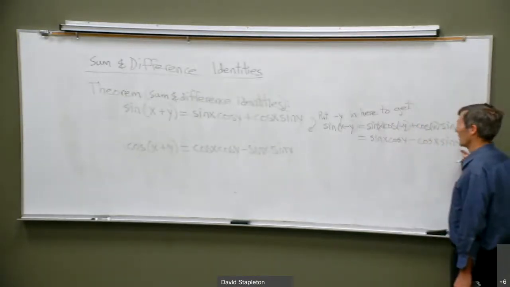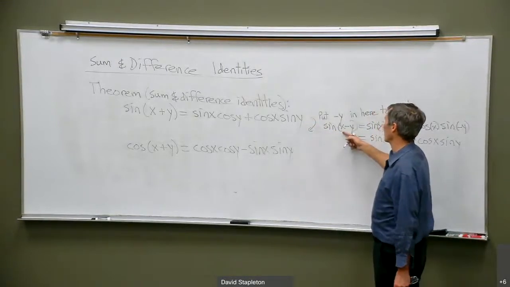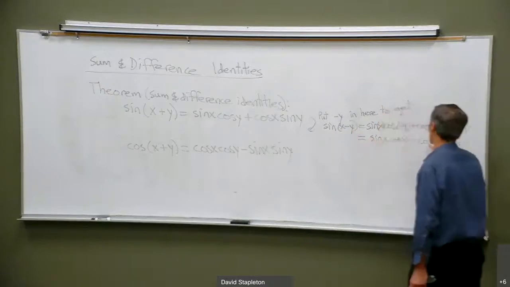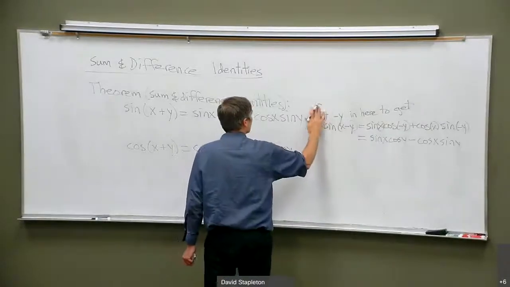There's a new identity. All you have to do is replace y with minus y in this one to get the sine of the difference formula. Sine of x minus y is sine cosine minus cosine sine. So here's the next one. That's the proof.